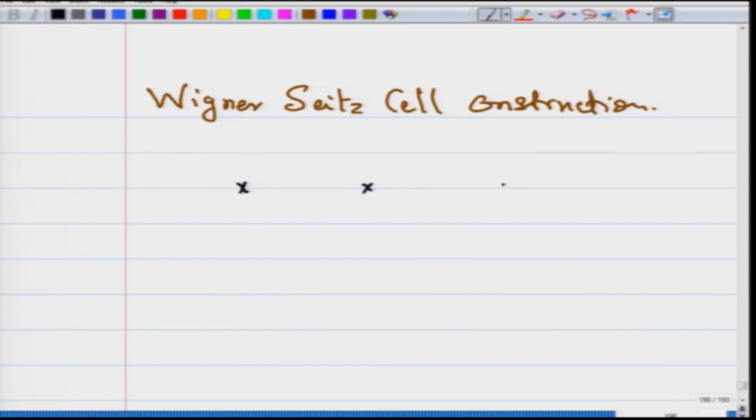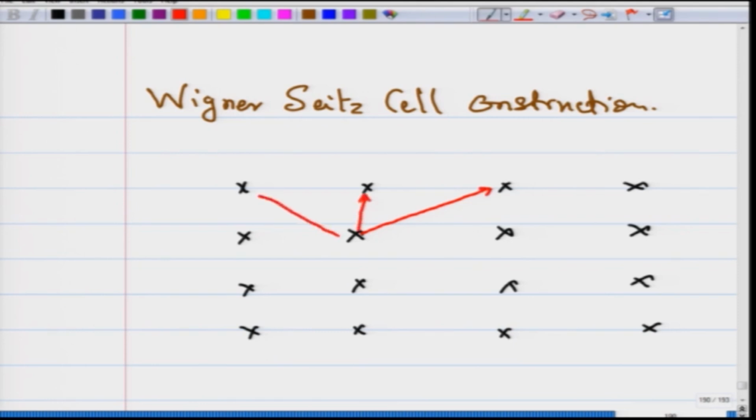What you do is, if you have a reciprocal lattice, then from any point you join to the nearest points and then you make the perpendicular bisectors.